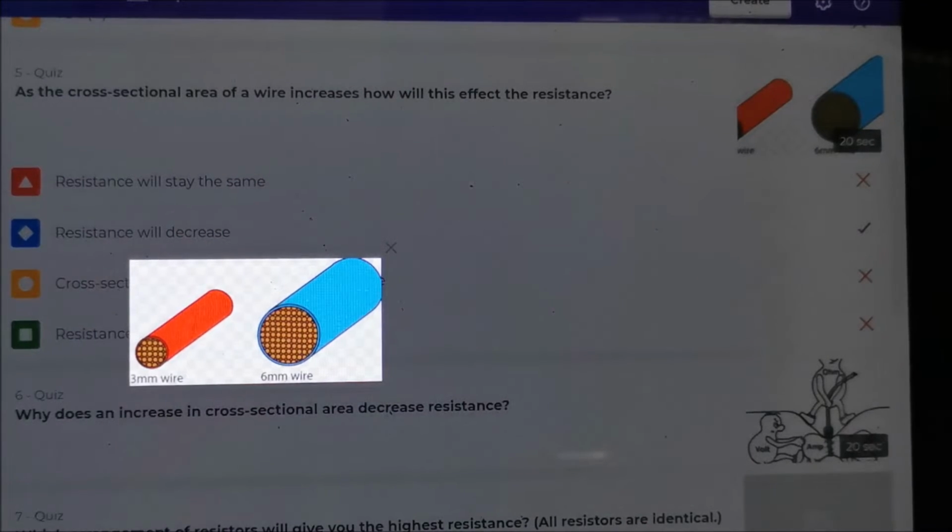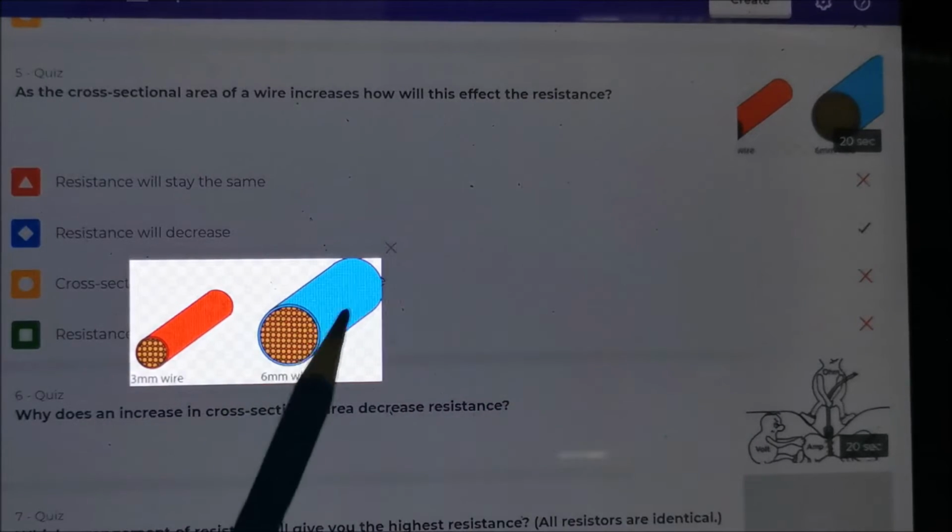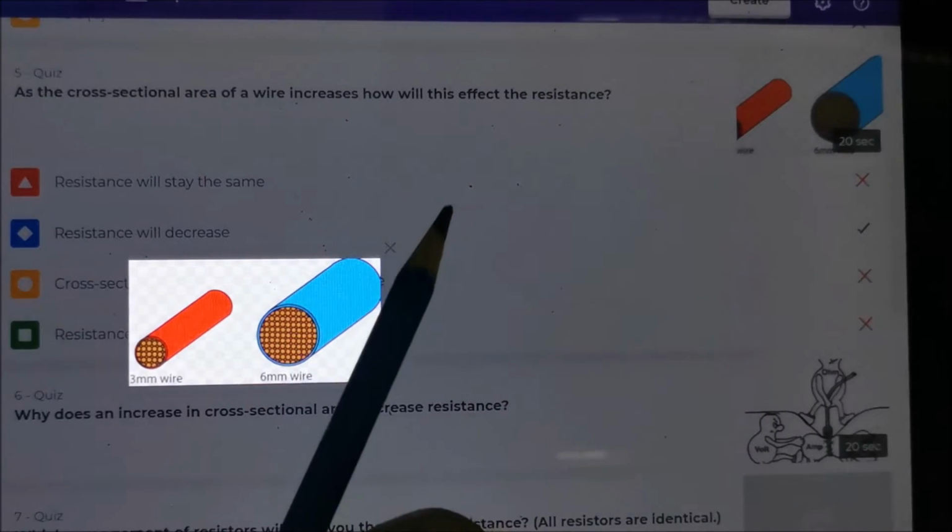If you see the dots down here, each dot represents one strand of wire, so this one will have more strands of wire. That means more electrons can flow through easily.